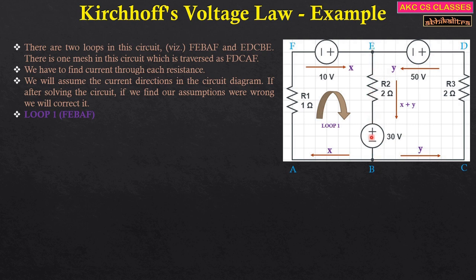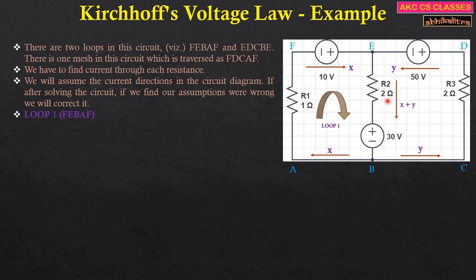Now we'll move from E to B, right? While moving from E to B, first we encounter a resistor. Our moving direction is from E to B, and the current is also moving in the same direction from E to B. So E will have a higher potential and B will have a lower potential. That means if you are moving from a higher potential to a lower potential, there will be a drop of IR at this particular point.